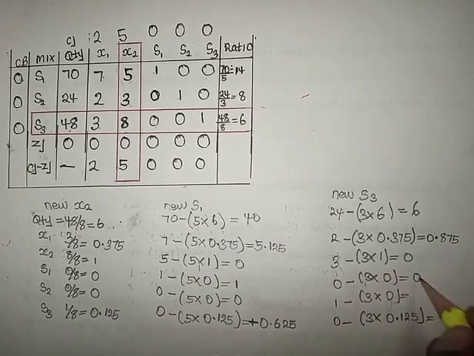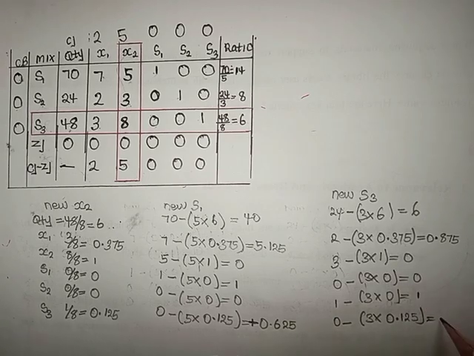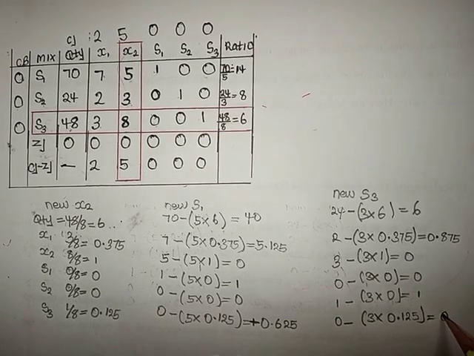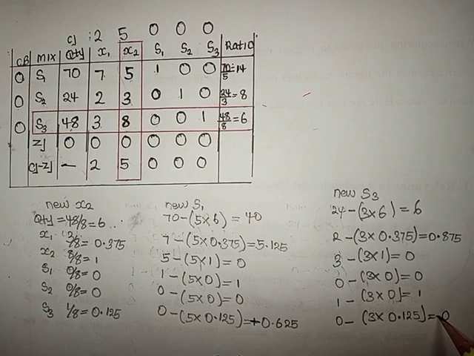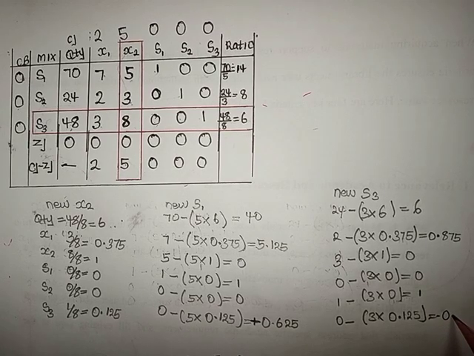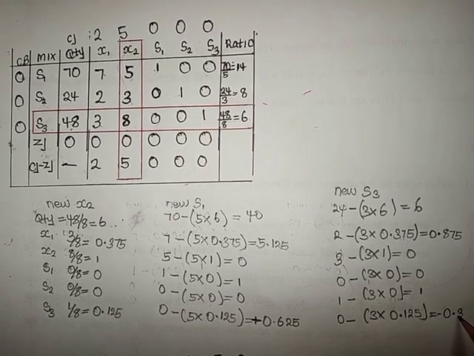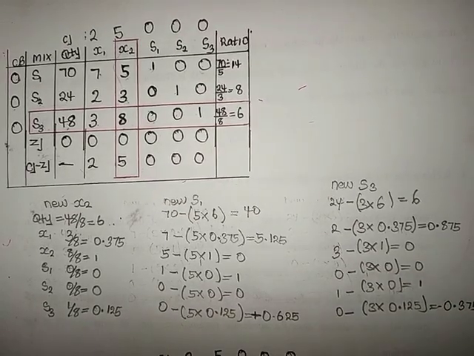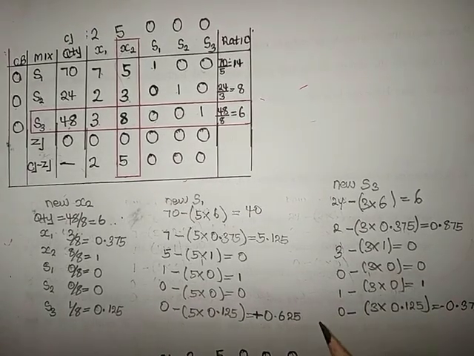This is 0. This is 1. And this is approximately minus 0.375. So I've been able to solve for the quantities.